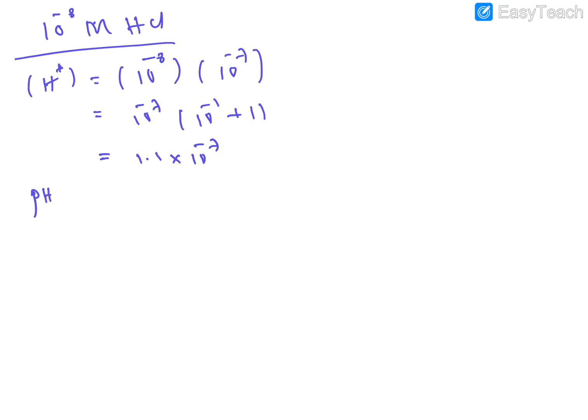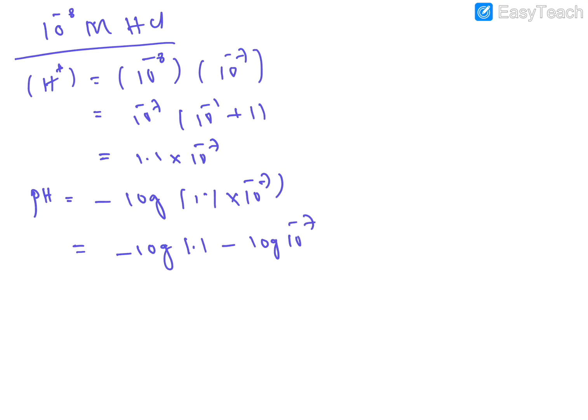So pH is equal to the negative logarithm of 1.1 into 10 to the power of minus 7, the H plus concentration. After the calculation we can write the negative logarithm of 1.1 minus log of 10 to the power of minus 7, and this minus becomes a plus.